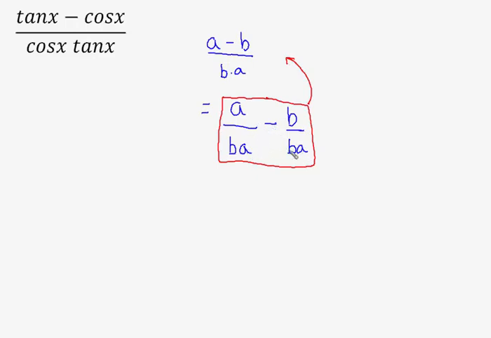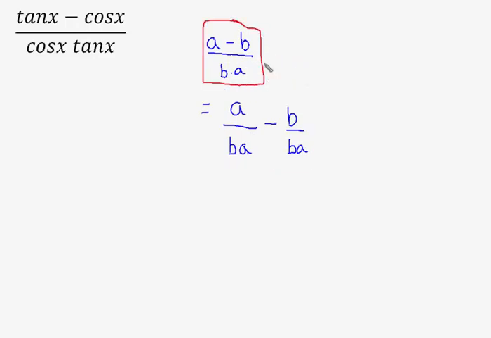Since both these denominators are ba, you could subtract these two fractions by simply taking a, subtract b, like this, and then just writing down the common denominator. So you're used to going from this structure this way. I'm suggesting that it's just as legal to take this as your start and go backwards and rewrite it as follows. Of course, now that we've split them apart, a is both a factor in the numerator and denominator.